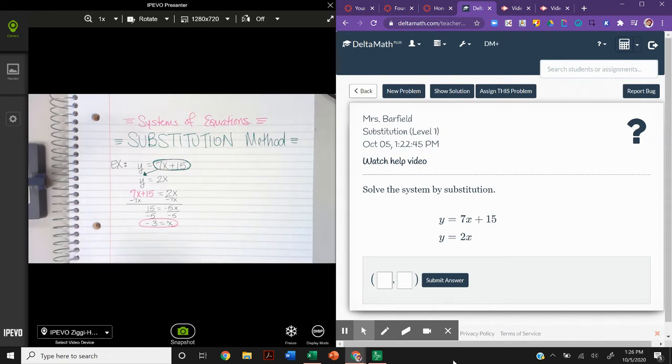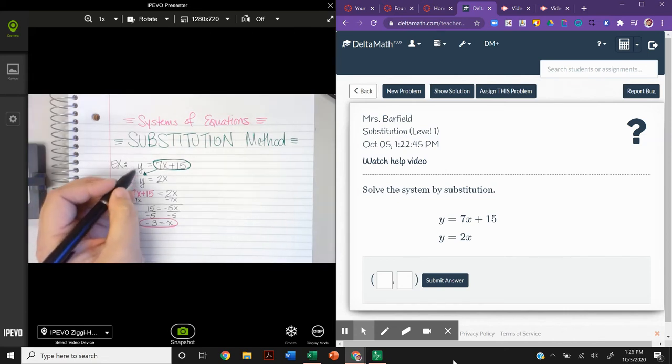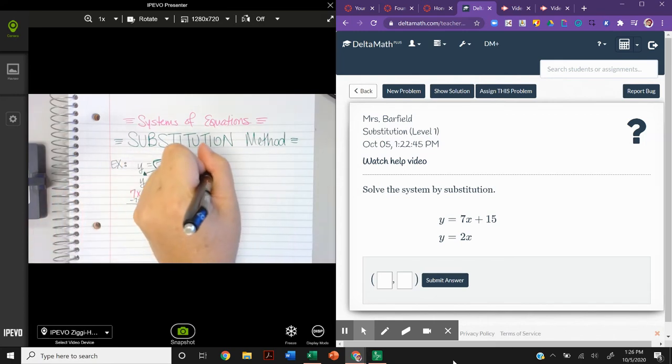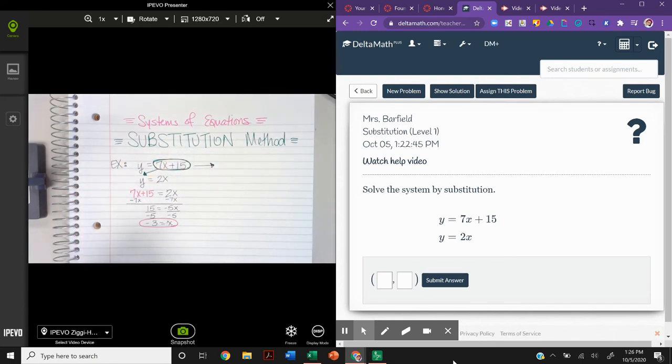But when I started the problem, I had an x and a y. So I know what x equals, but now I need to know what y equals. So now I'm going to substitute again. This is all about replacing. I can use whichever equation I want, but I always tell my students to go back to the first one just to develop habits and patterns.